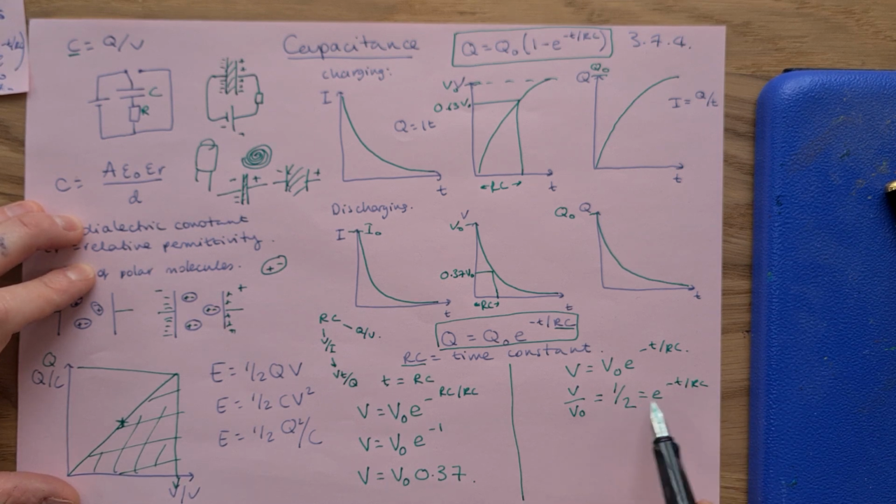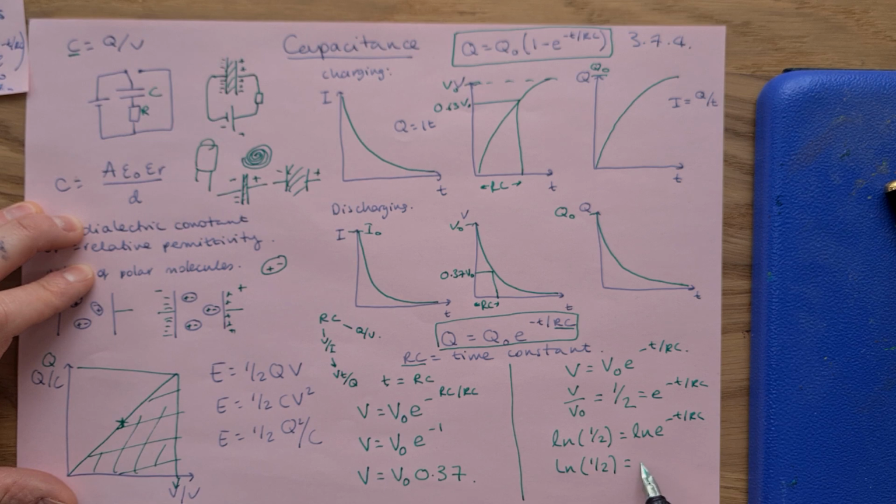Now, this is when I've got to use my ln to unpick this equation and rearrange it and find out what that value of t is. And so I get ln of a half is equal to ln of e to the minus t over RC. Well, ln undoes the e function, and we get ln of a half is equal to minus t over RC.